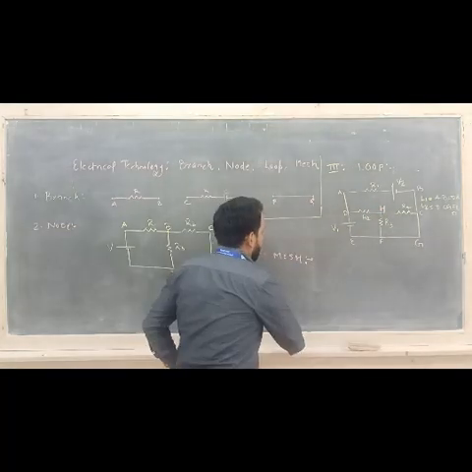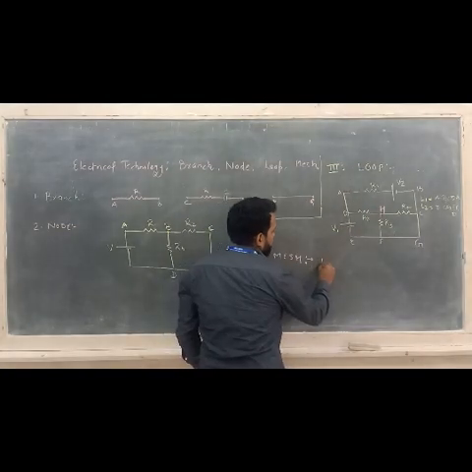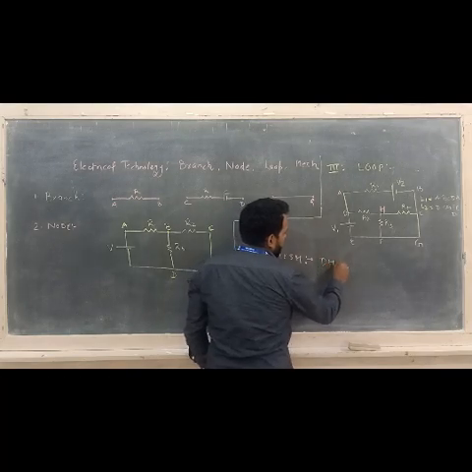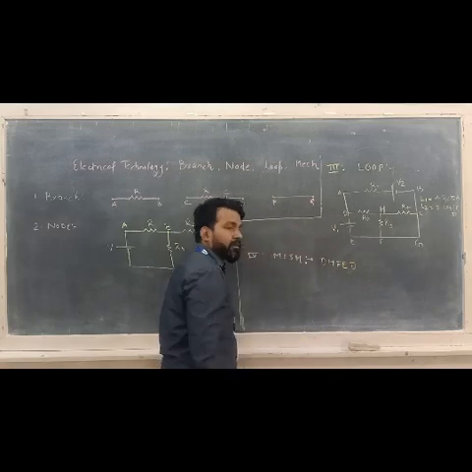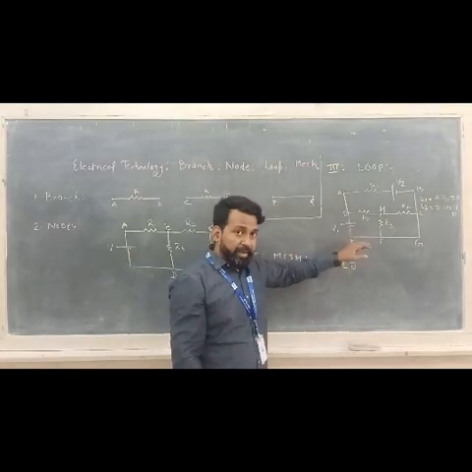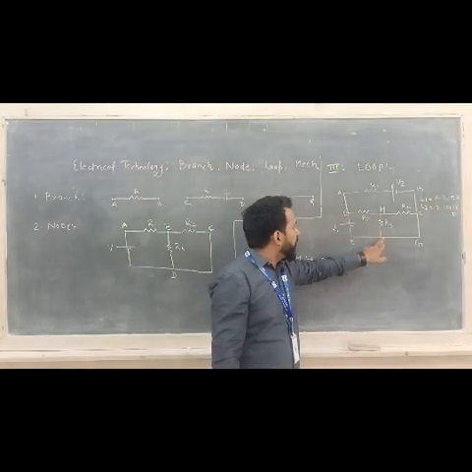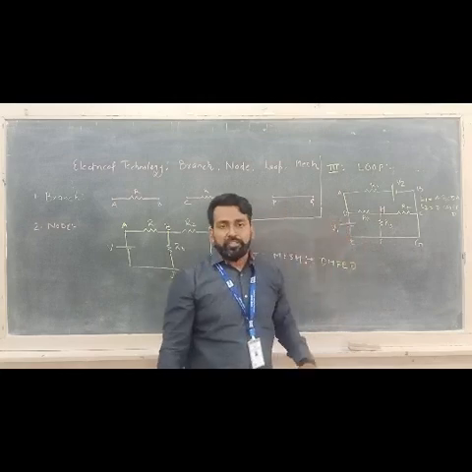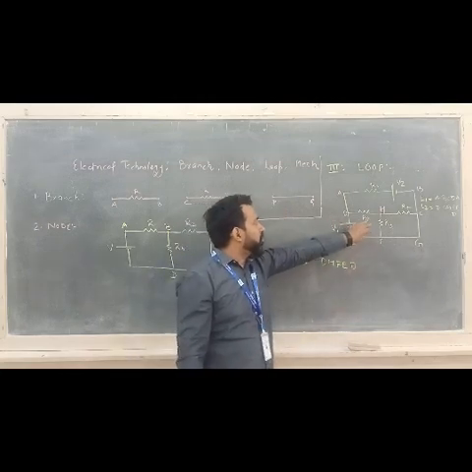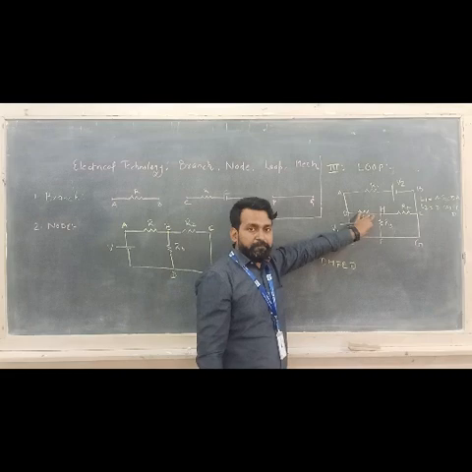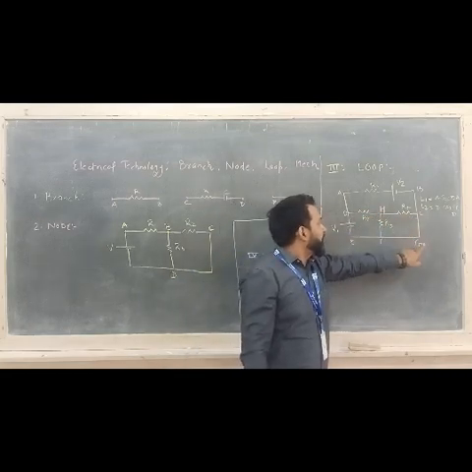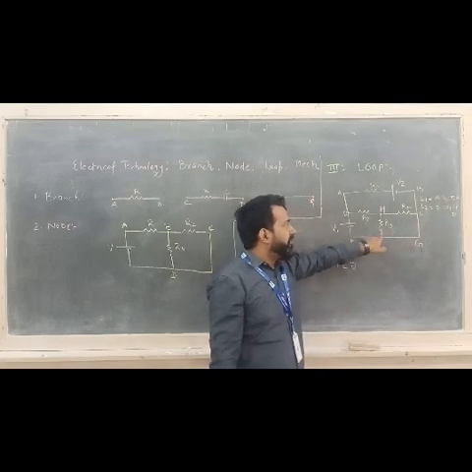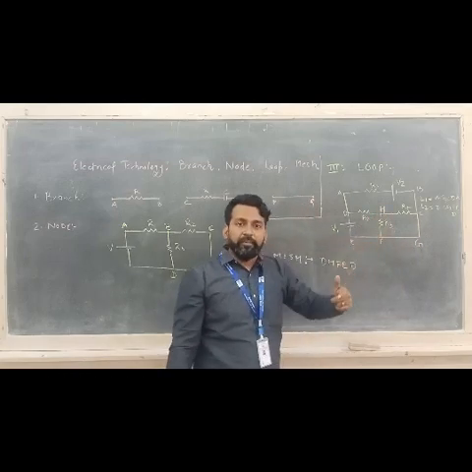I can term D, H, F, E, D as a mesh. Why? Because it does not contain any other loop inside it. I can also name H, C, G, F, H as another mesh.